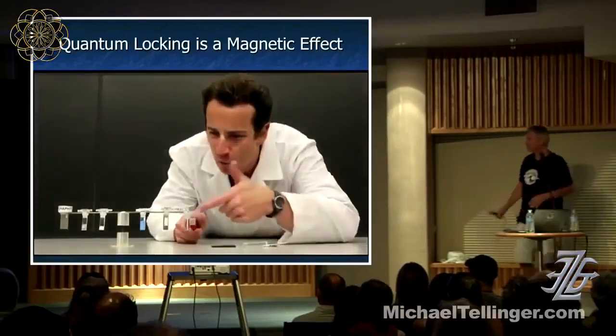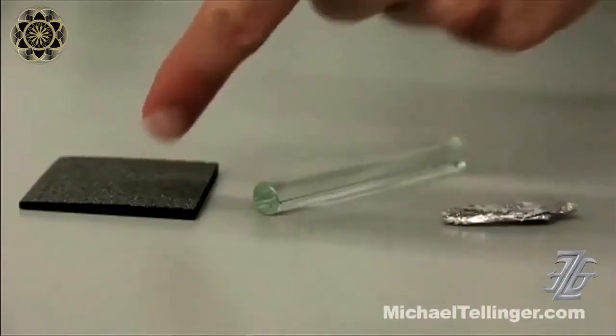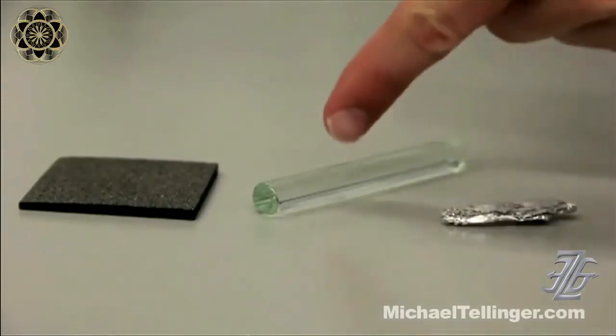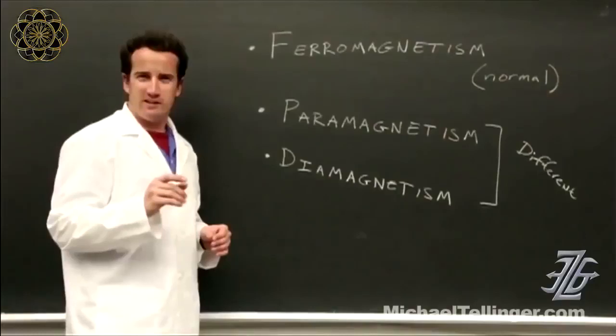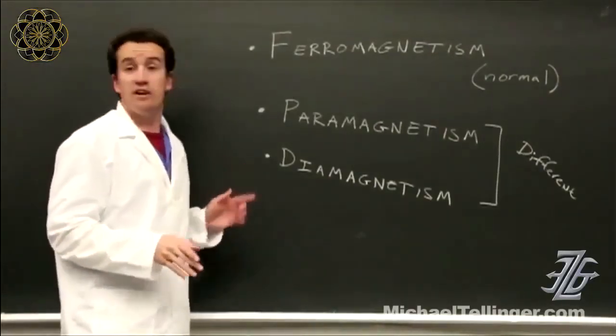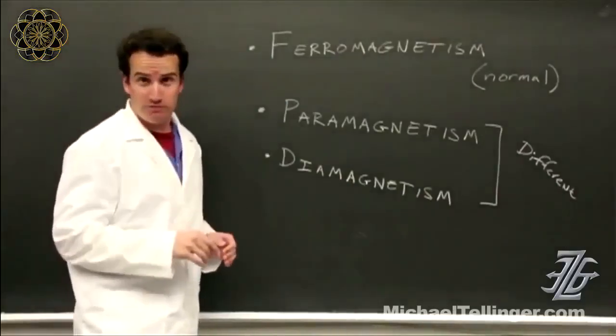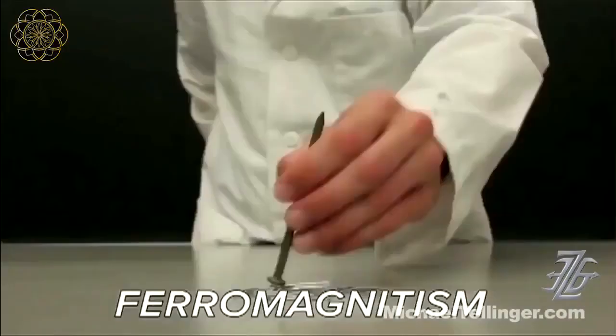You might not think of water as being magnetic, but it is, and so are graphite, aluminum, and glass. This is a new and different category of magnetism called either para or diamagnetism, and it's different from the magnetism that you're used to. You're probably already familiar with ferromagnetism. Ferro means iron.